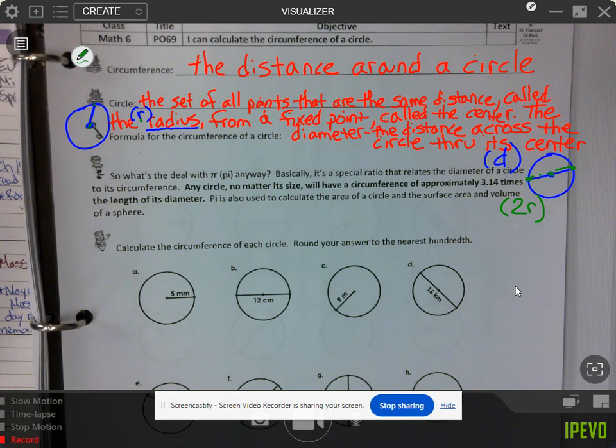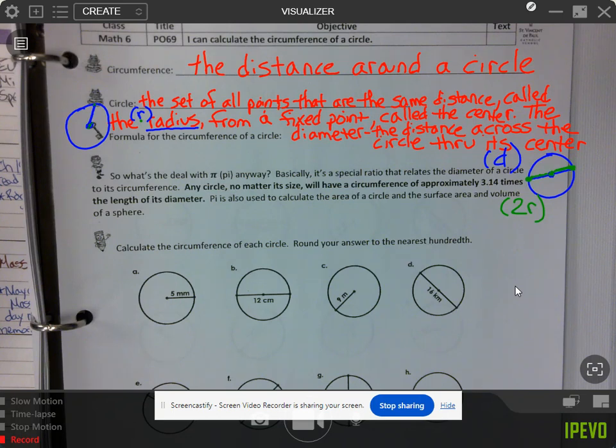The diameter is that full line from side to side. It's actually two radiuses because it goes from the side to the middle, which is a radius, and from that middle to the other side, which is another radius. So a diameter equals 2 times the radius. That makes sense? When we're looking at it like this, we can see that there's a radius here and there's a radius here. So the diameter is 2 times your radius.